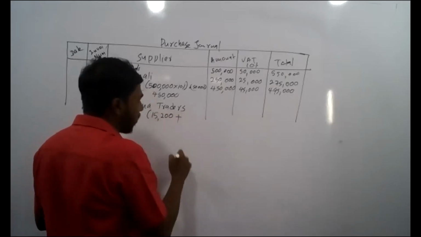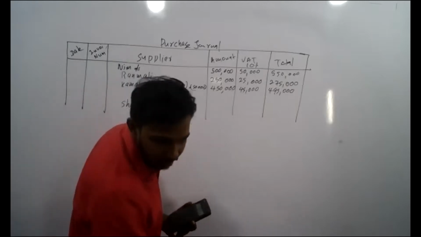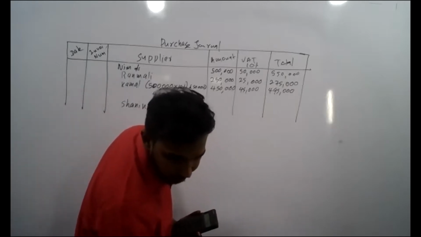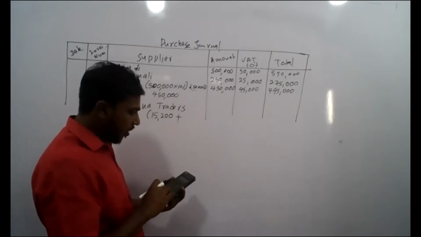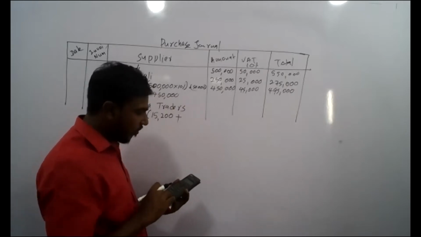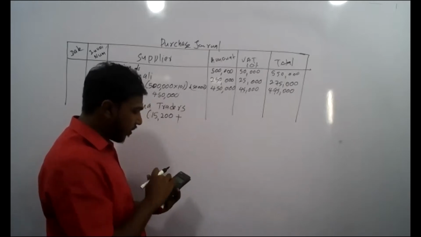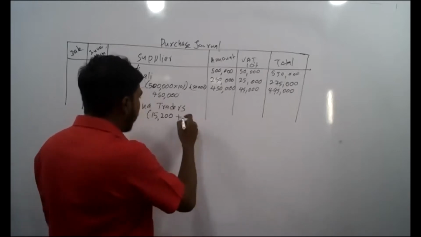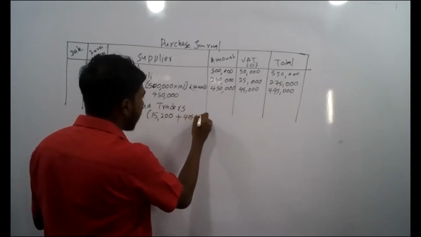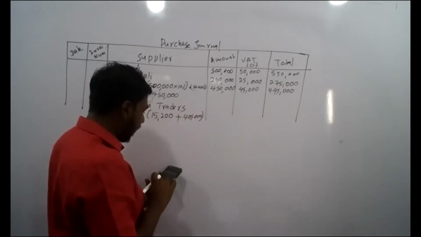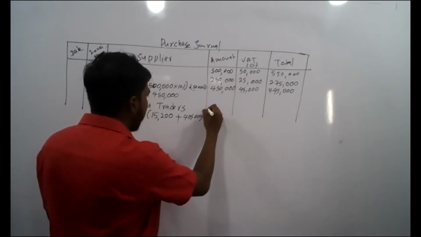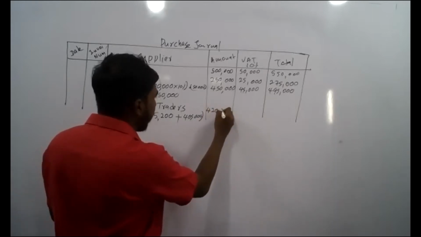If there should be any changes, let me know. Then 300 into 1,500, then the 10%, that means 405,000. So the amount now is 405,000 plus 15,200, which is 420,200.